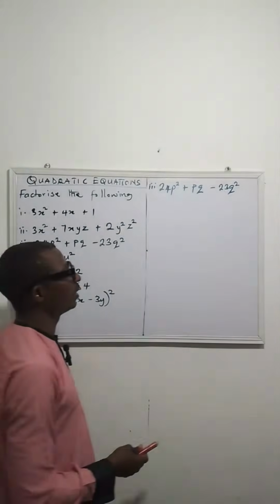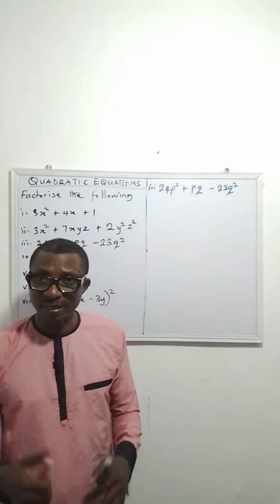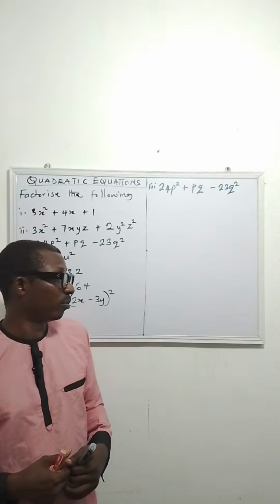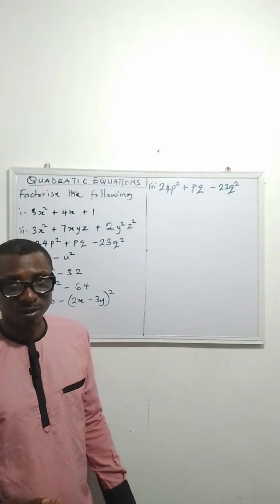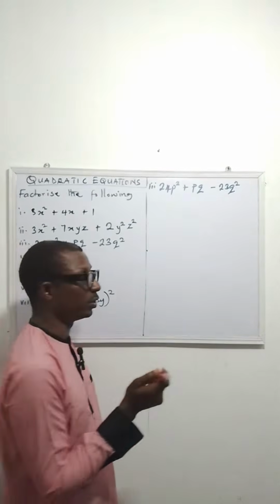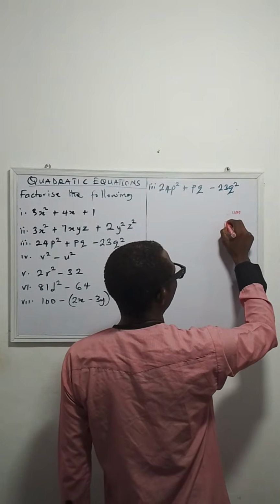Looking at it, I may not need to write anything. It depends on how I've trained myself in working with questions like this. But if you don't know how to just look at it directly, let's follow the procedure. We look for the sum and the product.